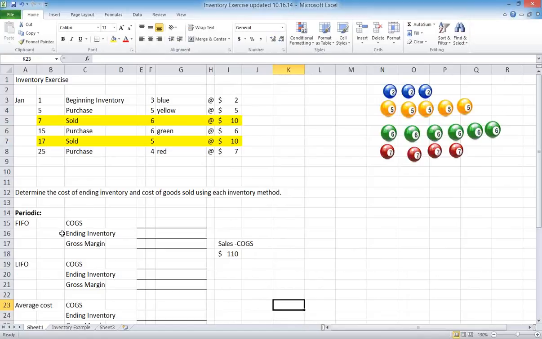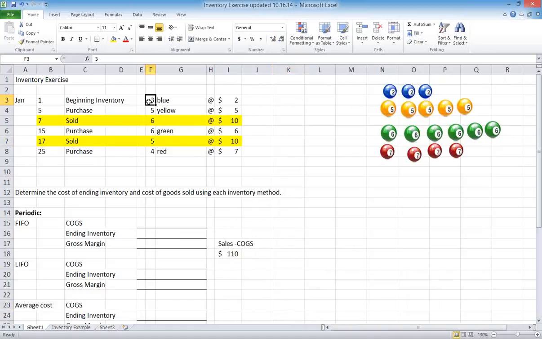Again, we're doing periodic FIFO, and I'm going to ignore when I sold them because it's periodic. FIFO means the first ones I bought, or my oldest cost, are the first ones I sold. So I need to determine which of my costs are cost of goods sold and which are ending inventory. With periodic, we determined we had sold 11.